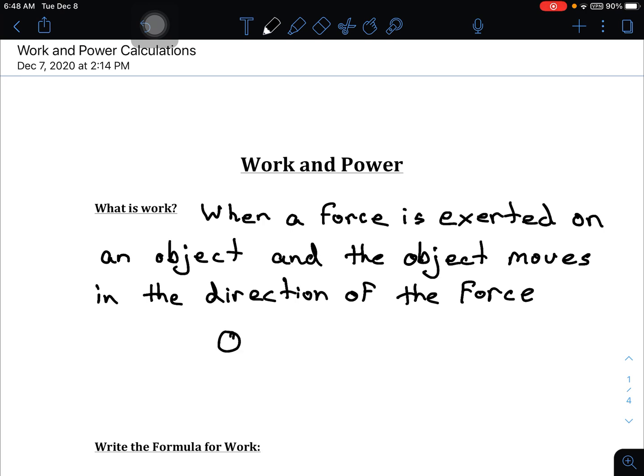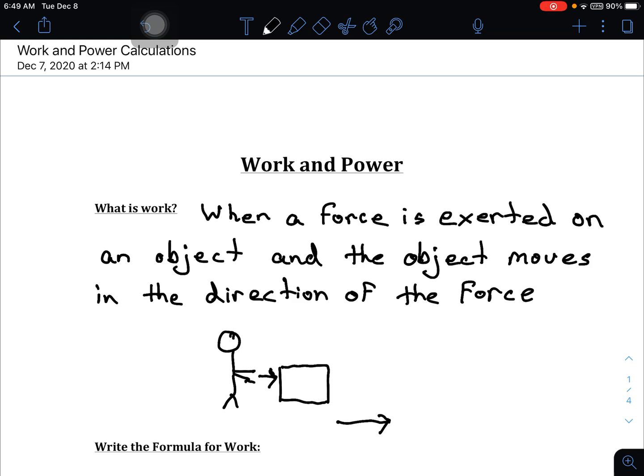Okay, so see if I can do a little sketch here. A person applies a force to this box, and the box slides along the floor a certain distance in this direction.